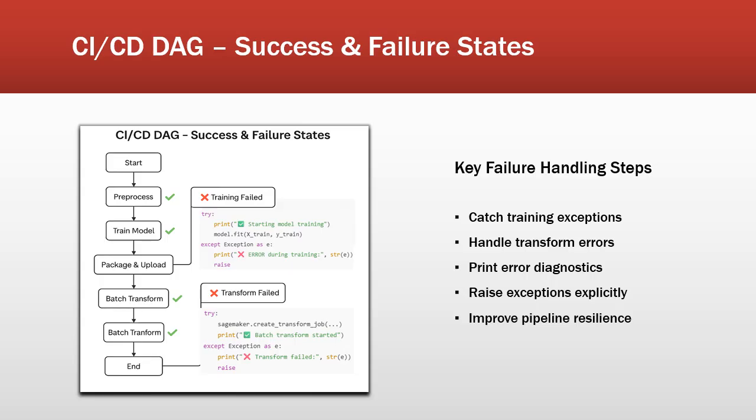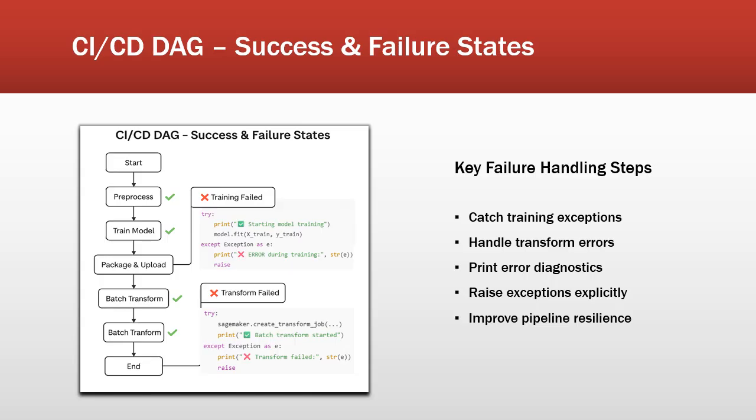Thank you again, Prema. In this CI/CD DAG, we demonstrate how our pipeline accounts for both success and failure at key stages. We use try except blocks to catch and print errors during training and batch transform, which helps identify exactly where the failure occurred.